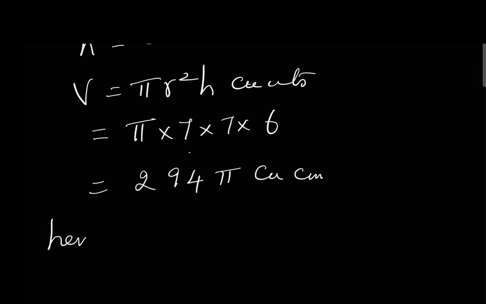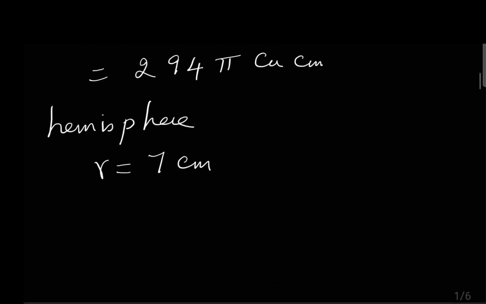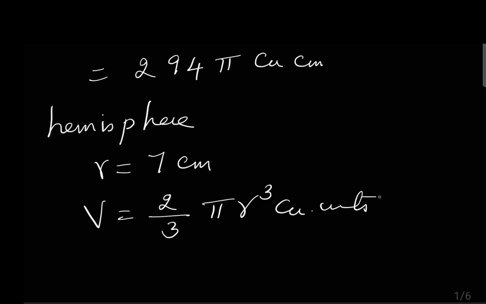Next you take the hemisphere. Radius is 7 centimeter, only one unit for this hemisphere. So volume is equal to the formula 2 by 3 pi r cube cubic units.